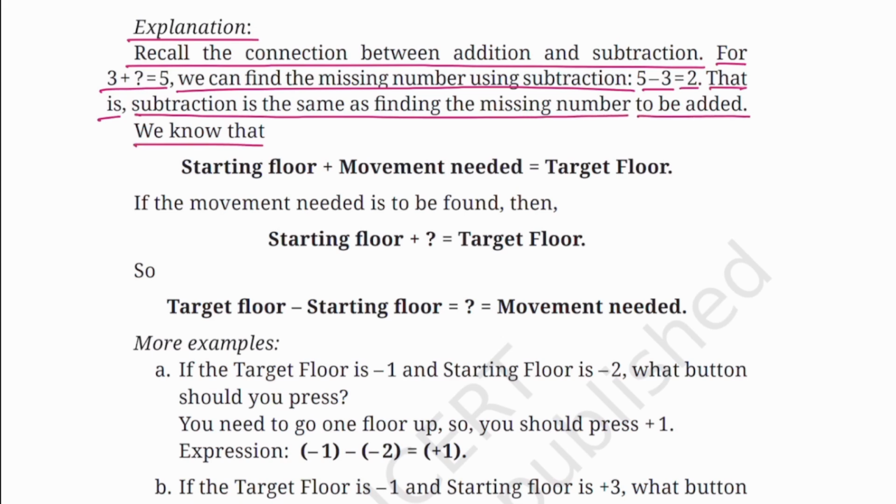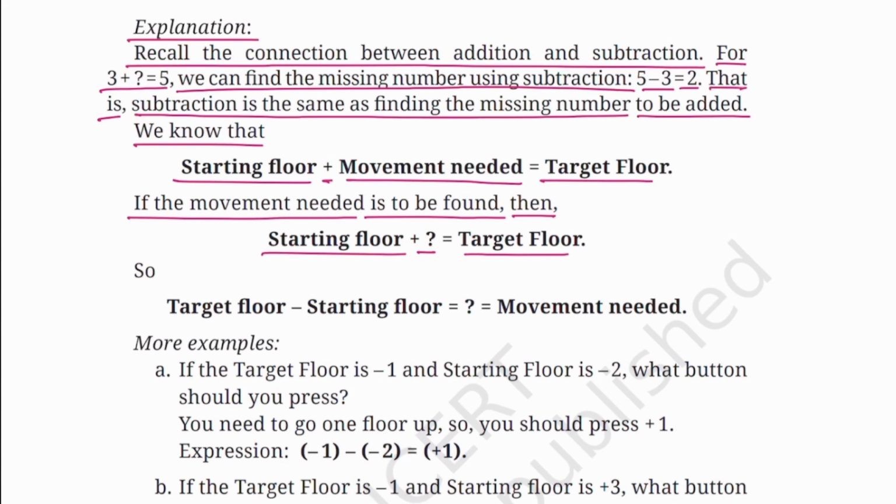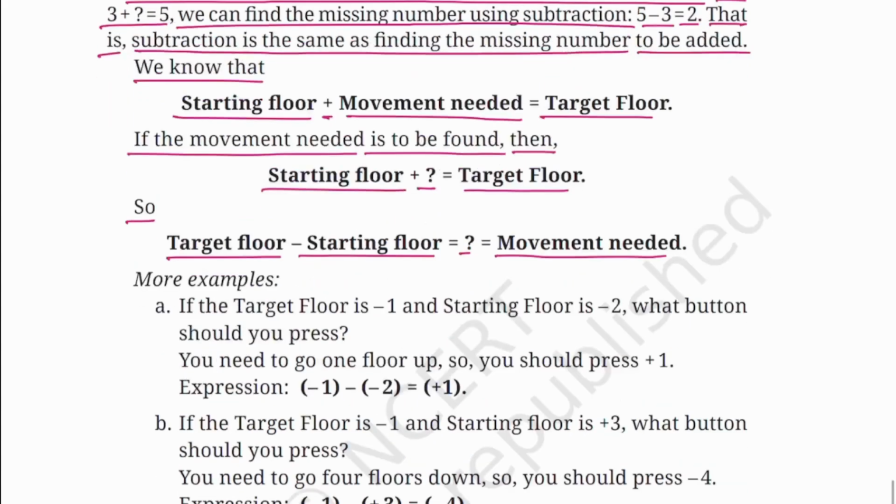We know that starting floor plus movement needed is equal to target floor. If the movement needed is to be found, then starting floor plus question mark is equal to target floor. So, target floor minus starting floor is equal to question mark, which is equal to movement needed.